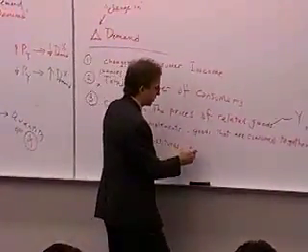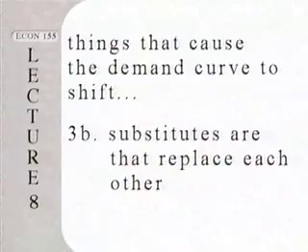Substitutes. These are goods that replace each other. Let's say X and Z. Those would be substitute goods, X and Z would, if good X and good Z are replacements for each other.